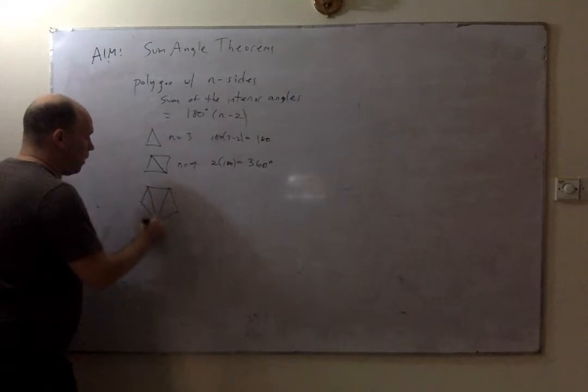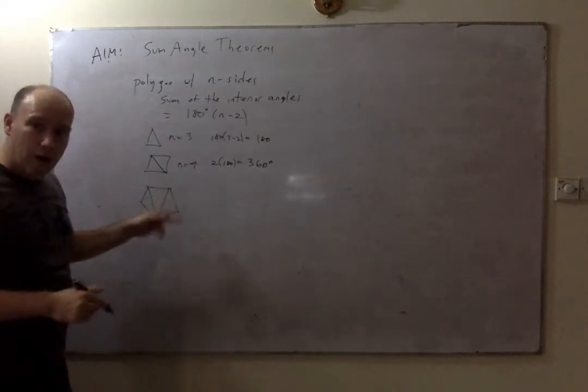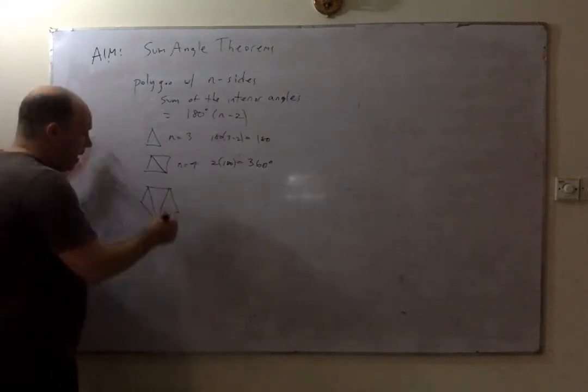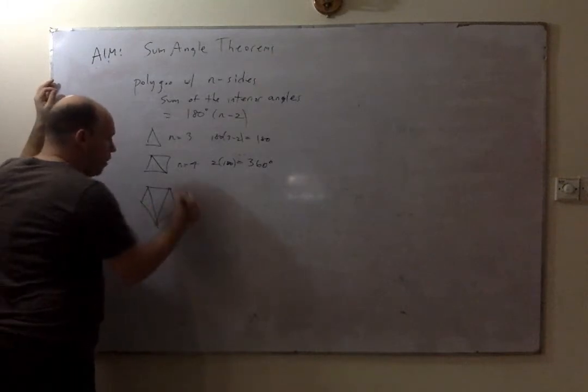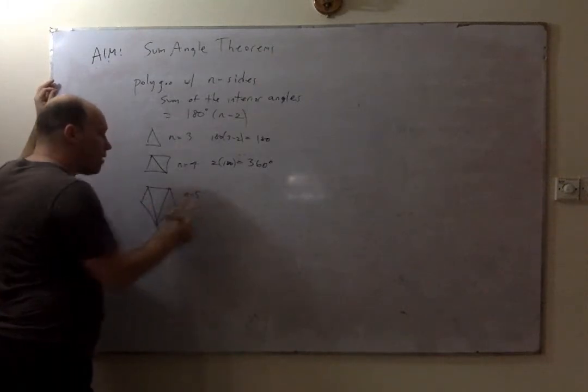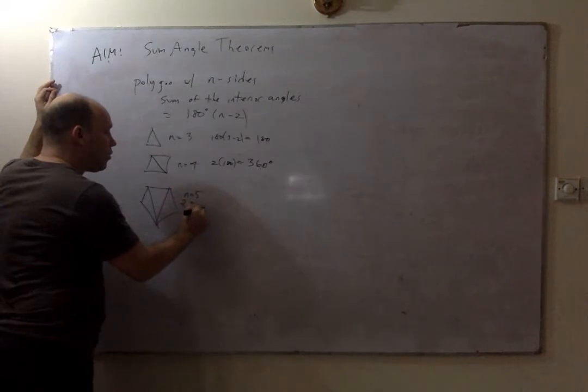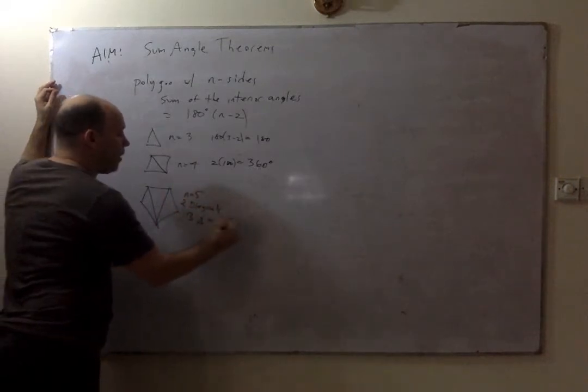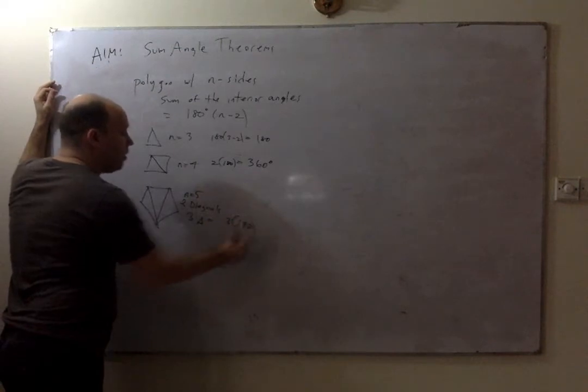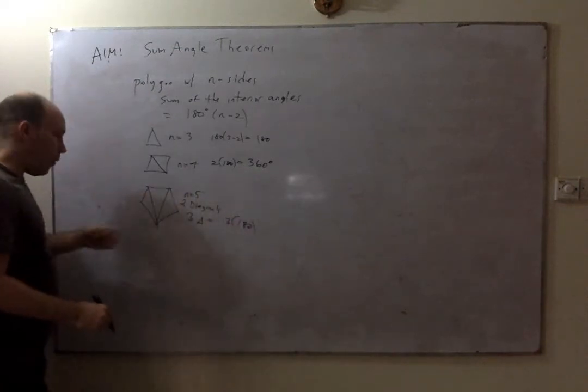Here's one technique. If we draw two diagonals in there, we seem to have three triangles. So with a pentagon with 5 sides, if we draw two diagonals, we create 3 triangles, and that's 3 times 180 degrees, right? We can do that with anything.